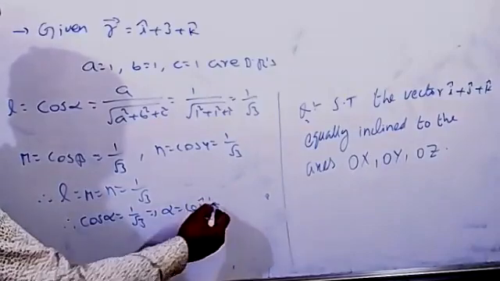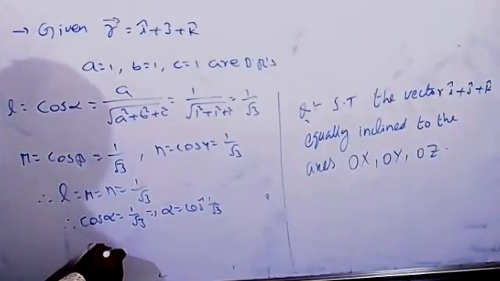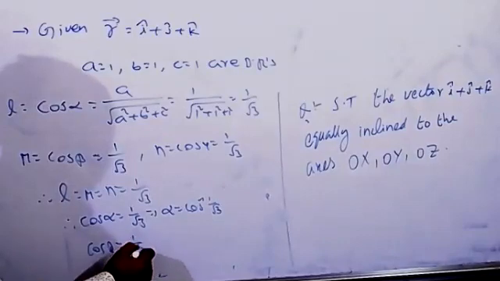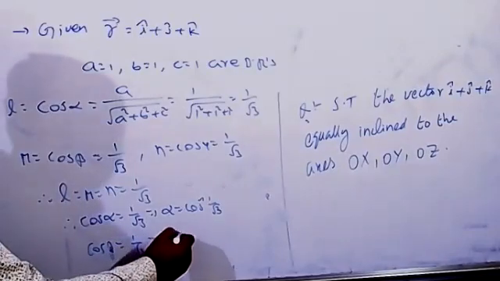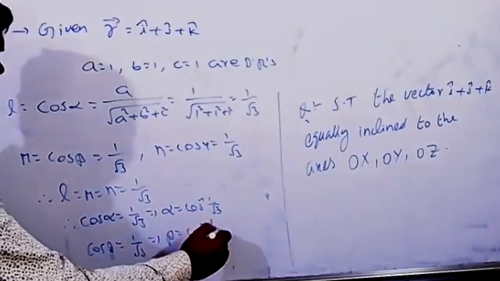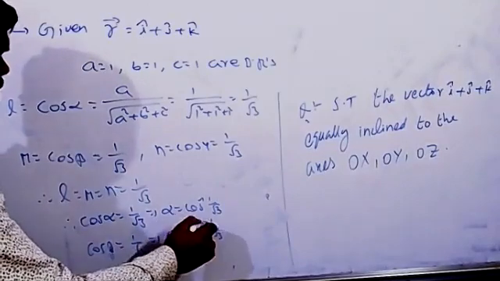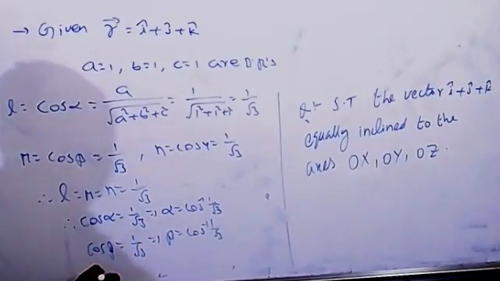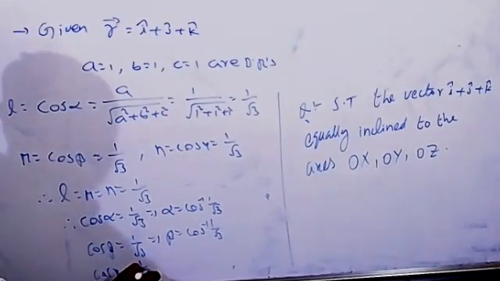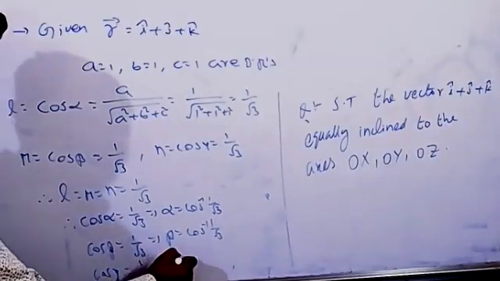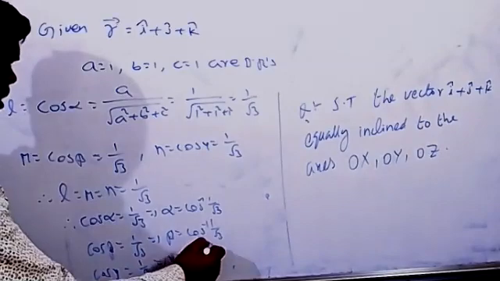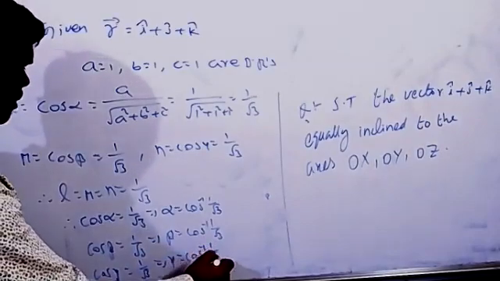Similarly, cos beta is equal to 1 by root 3, which implies beta equal to cos inverse of 1 by root 3. Similarly, cos gamma is 1 by root 3, which implies gamma equal to cos inverse of 1 by root 3.